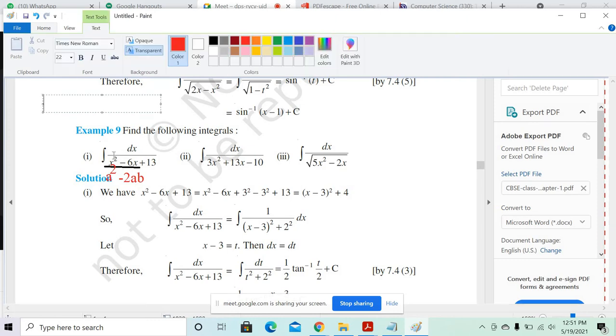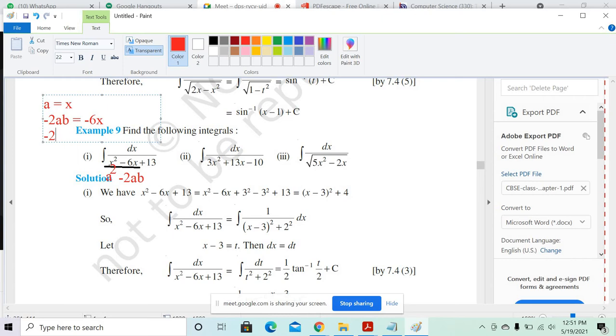See, the minus sign will determine whether it is a minus b whole square or a plus b whole square. So it's minus, which means a minus b whole square will be there. Correct? So now let's map it. a is equal to x here, and minus 2ab is equal to minus 6x, correct? Substitute the value of a here.